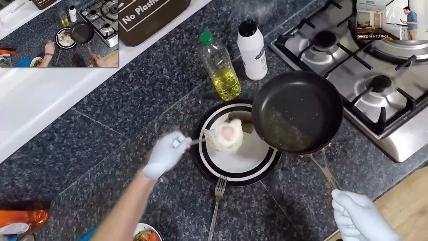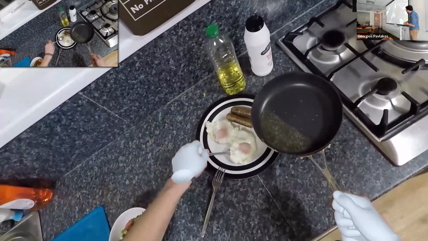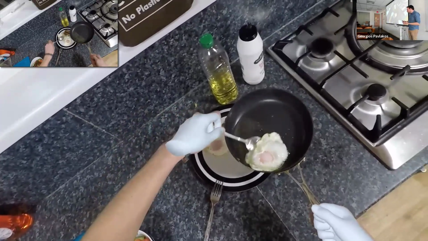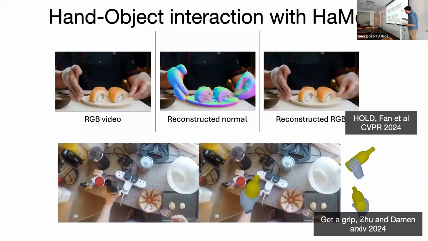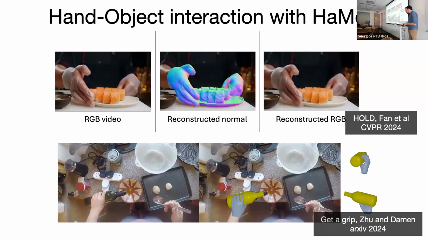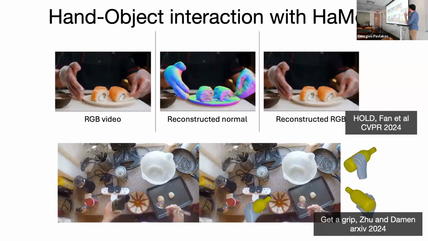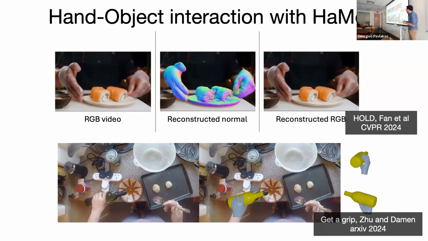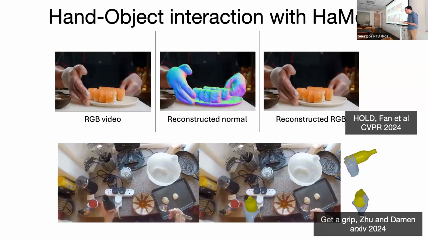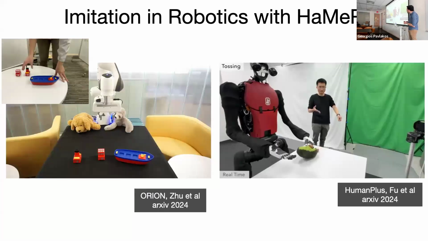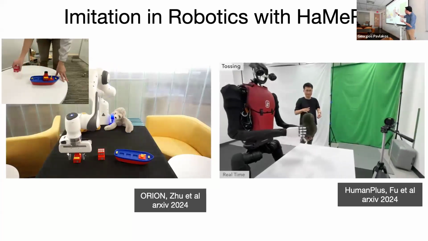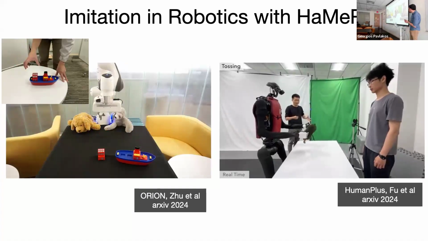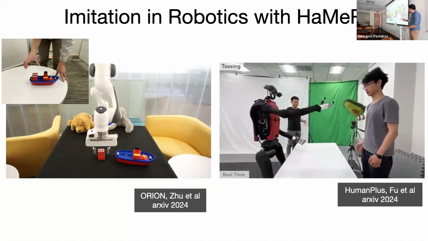And at least one thing that makes us happy about this work is that people are really adopting it and using it for their problems. It has directly been used for work on hand-object interaction, so people are using it to model interactions of hands with objects. People are using it for imitation in robotics. On the left, I have work from Yukas and Peter's lab that used this HaMeR model that we have for hand pose estimation.